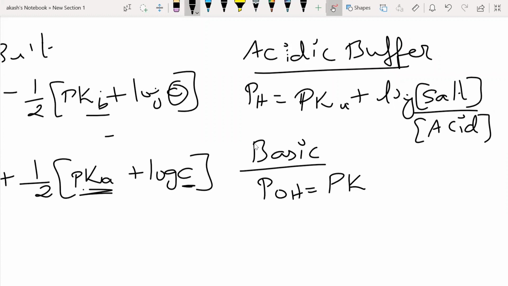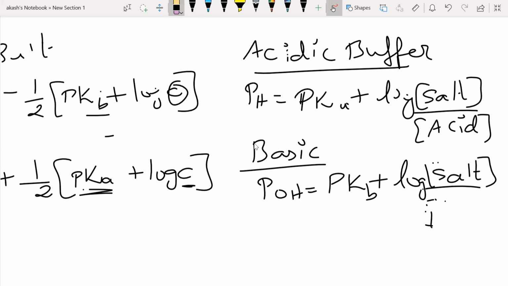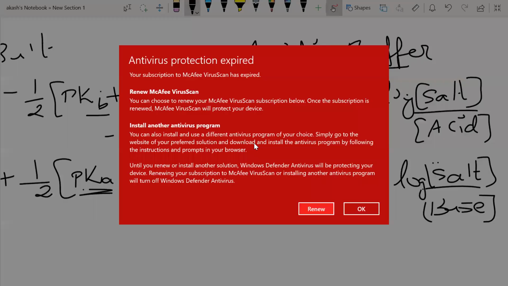In that case, it will be pKb plus log of salt concentration divided by the base concentration, just like how you have an acidic buffer.